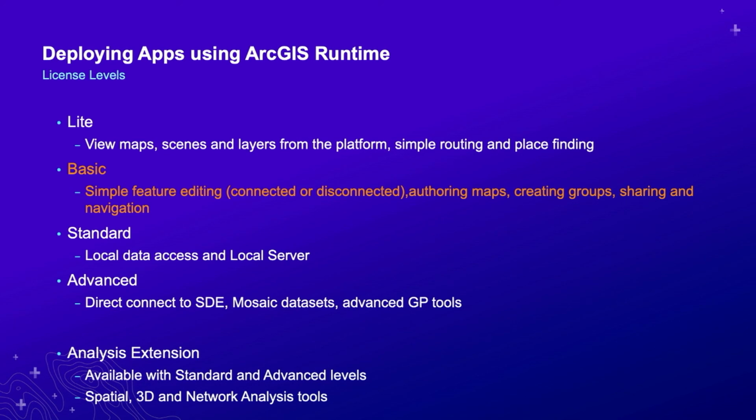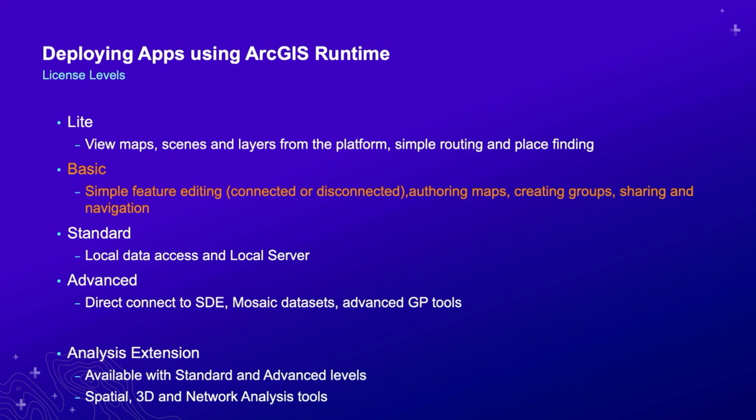They're all supported as long as it's a read-only workflow in Lite. And Lite licenses are zero royalty, so there's no cost to them. Basic licensing kicks in when you start to edit content, and that's going to be talked about more in the second workshop, which will be coming up next, which is all about editing your data online and offline.